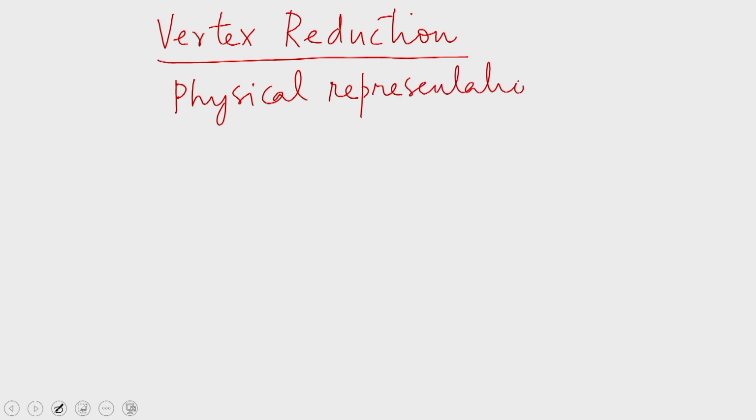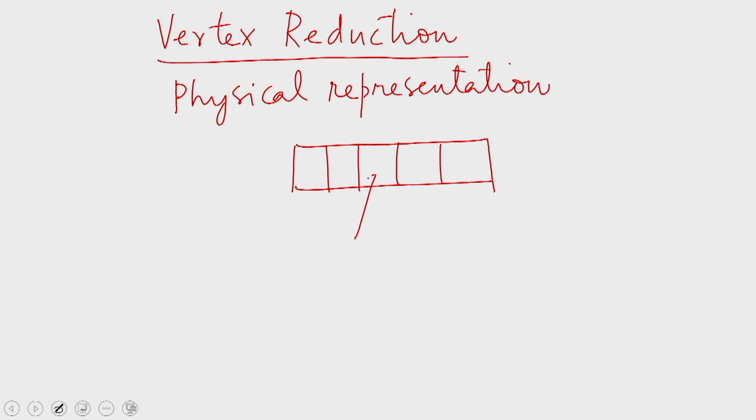The physical representation, as we have seen before, is an array in which the vertices are given in no particular order. That is, the physical order has no relation to the logical order.